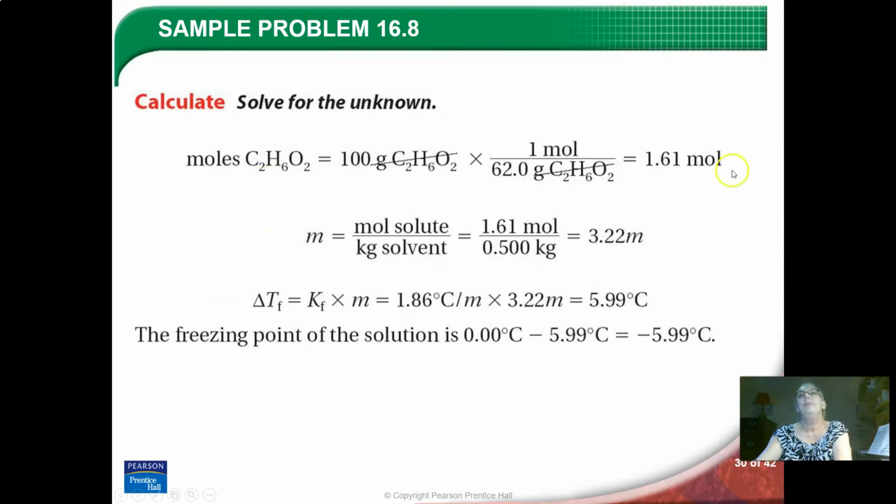So we have that many moles, we have that many kilograms, do the division, that's our molality, then throw that into the molality section, find this KF off of the chart, and then we can do that math. So instead of freezing at 0, we're down lower. So this makes it a lower temperature before the water can freeze. That's the purpose of adding an antifreeze to water.